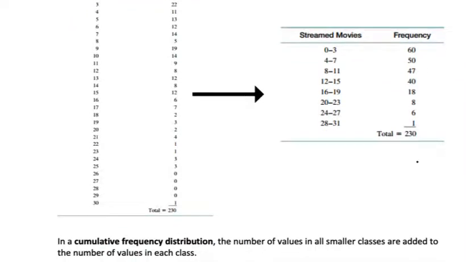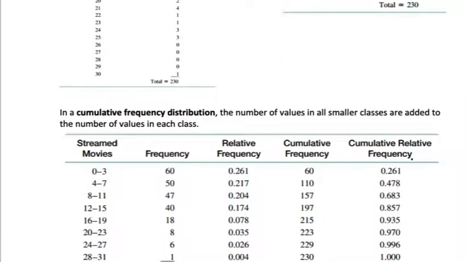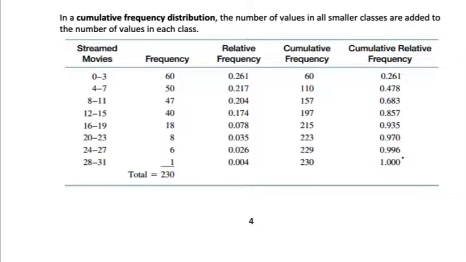And lastly, we have what's called a cumulative frequency distribution, where the number of values in all smaller classes are added to the number of values in each class. So if we take our frequency distribution above, these are the numbers, and then for cumulative frequency, you add the value of the row above to get the value in that row.